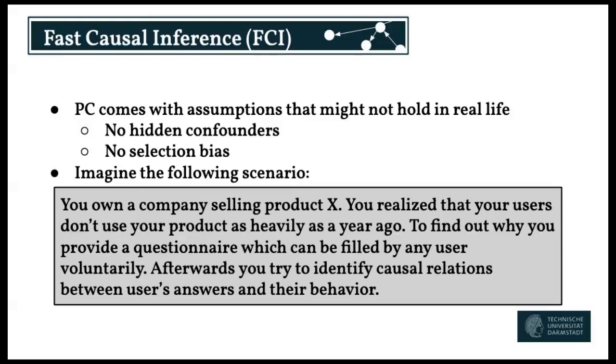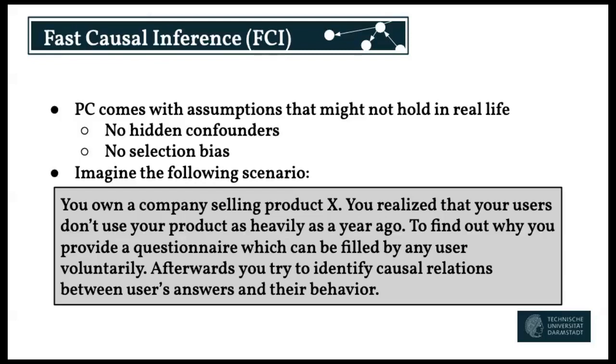However, you have at least two problems here. The first one is selection bias, because obviously, if you send out the questionnaire to all users, probably only the heavily active users will notice that at all, and maybe will fill it out. Some users don't have the time for that, and this already gives a bias in the data you collect, right?